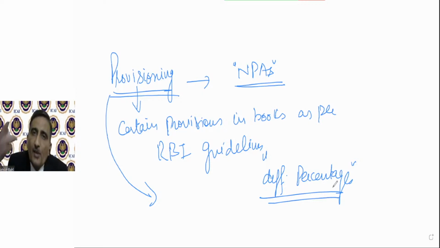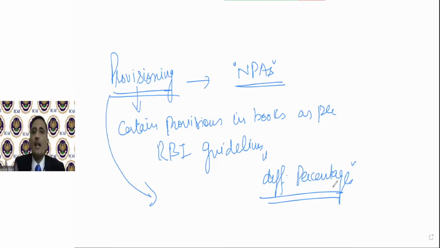If a substandard asset is there, then provisioning is to be done at a different rate. If doubtful is there, then provisioning is to be done at different rates. Okay, so this is what we mean by asset classification, income recognition and provisioning. So there are three terms.